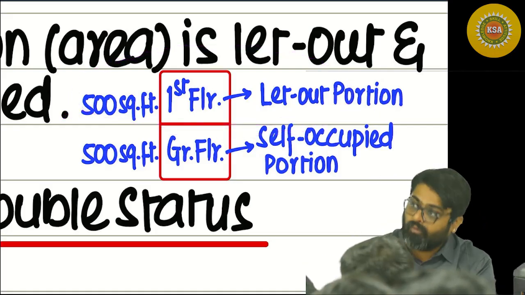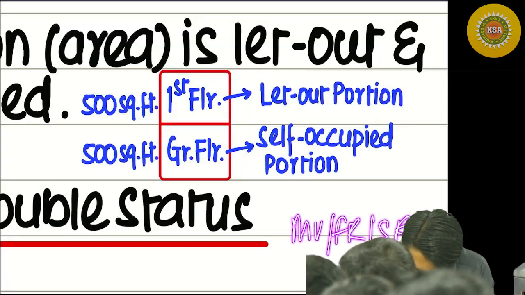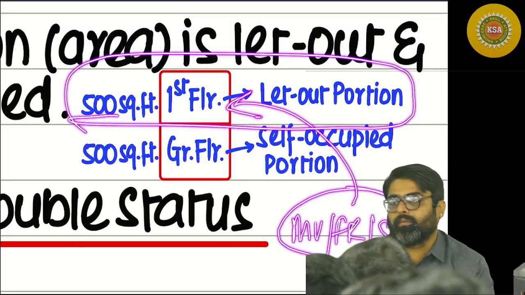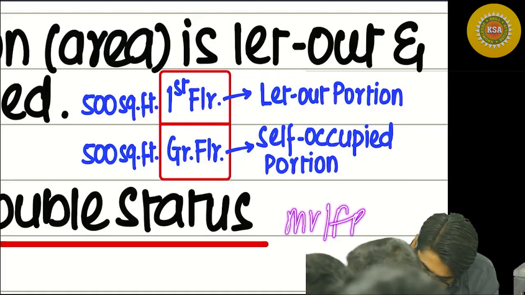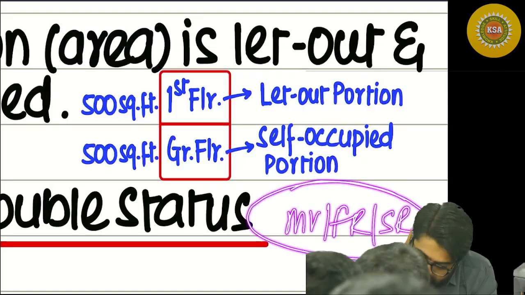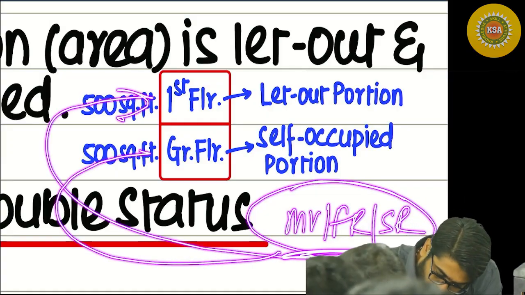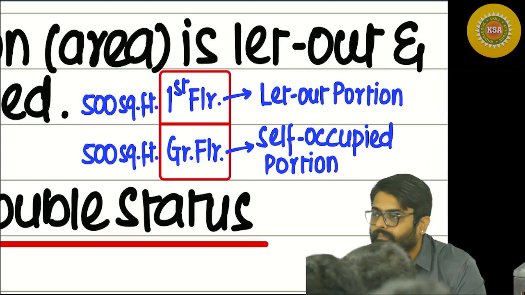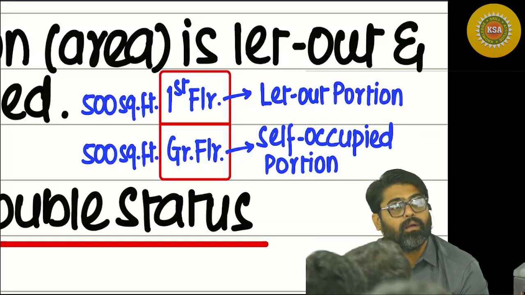So you will have to find out how much of the municipal value, fair rent, standard rent relates to the let out portion. Yes or no? So you'll have to divide the municipal value, fair rent, standard rent into let out portion and self-occupied portion. In what ratio will you divide? Area ratio. Simple. Why?